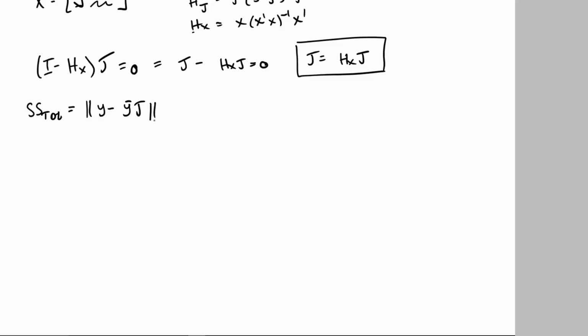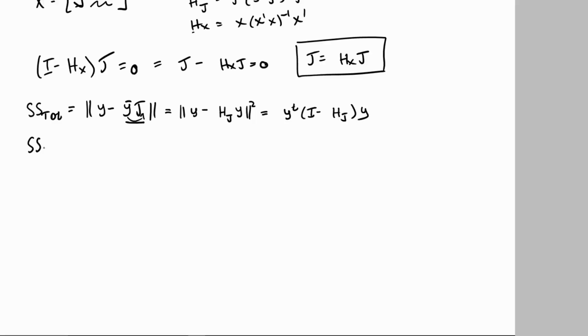Remember that y bar is a scalar, so I probably should have put it on this side of the j. We could write this quantity as the norm squared of I minus hj times y, and so we could write it out as y transpose I minus hj times y.